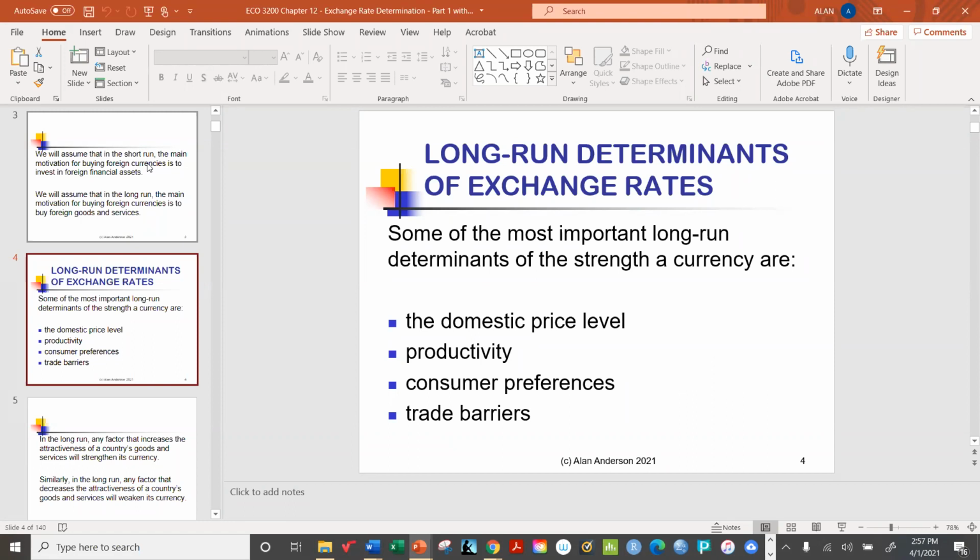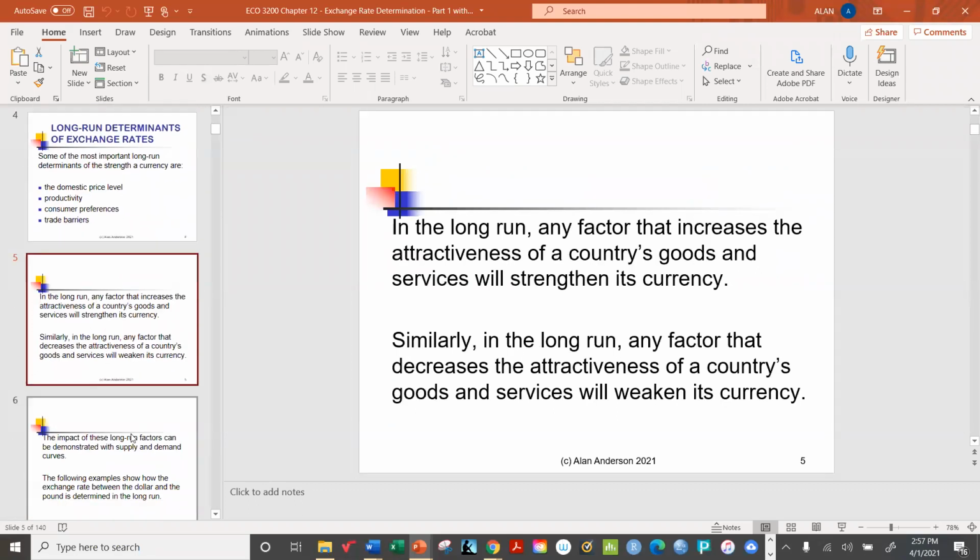So how do these factors affect the strength of a currency in the long run? Well, again, it all comes down to, do people want to buy our goods and services? If foreigners are dying to buy American products, then we'll see a stronger dollar. If not, we'll see a weaker dollar.